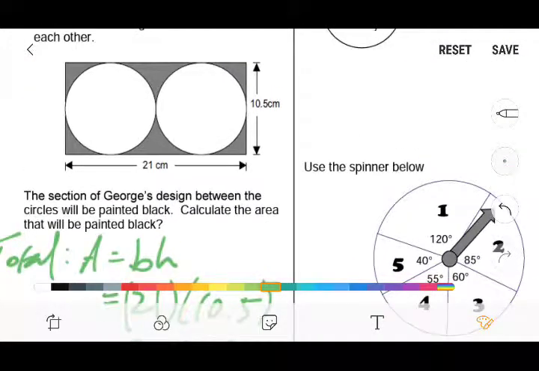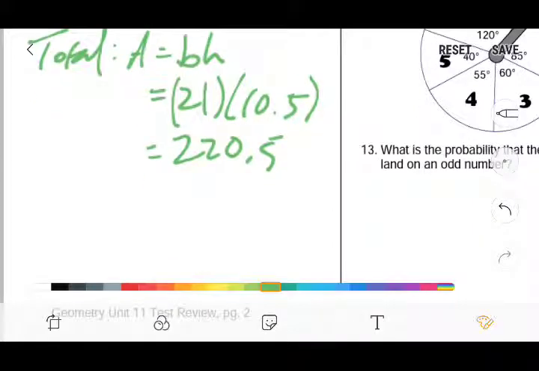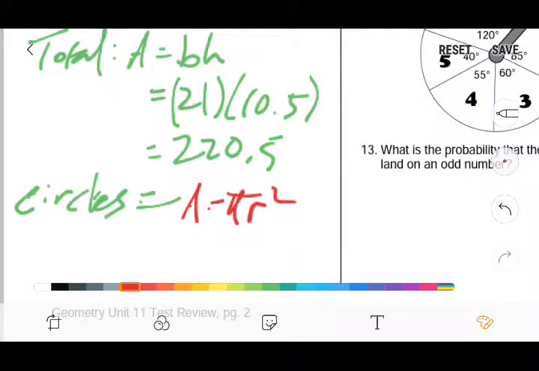Then we need the circles. If that's 21, that means this here is 10.5, which means the radius is 5.25. So circles, that's A equals pi r squared.